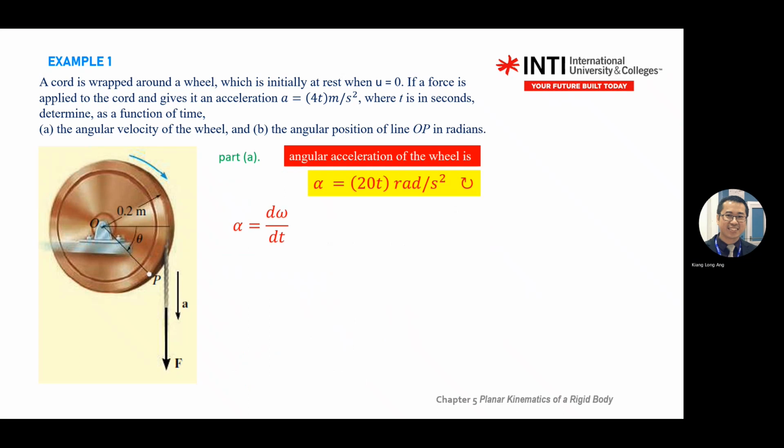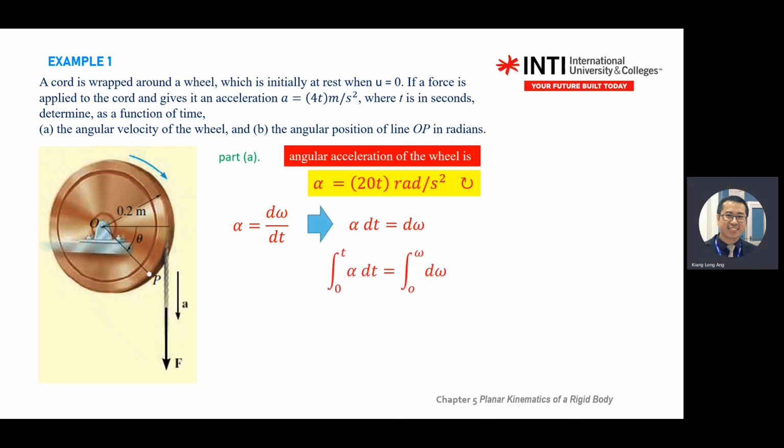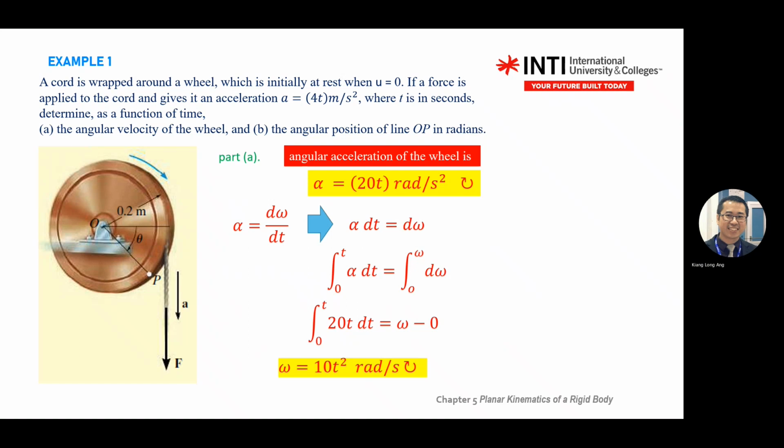So you know that alpha equal to d omega dt. You have this side, you have dt. So integrate. When you integrate, put in values 0 to t. You'll get omega equal to 10t square radian per second, clockwise.